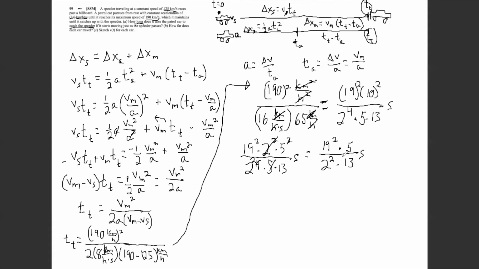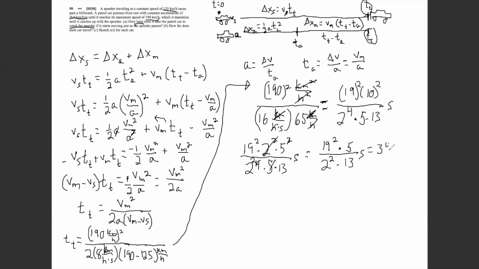And you could have simplified that and get some exact answer. But if you go ahead and put it in your calculator and multiply it through, this comes out to be 34.711, something like that.